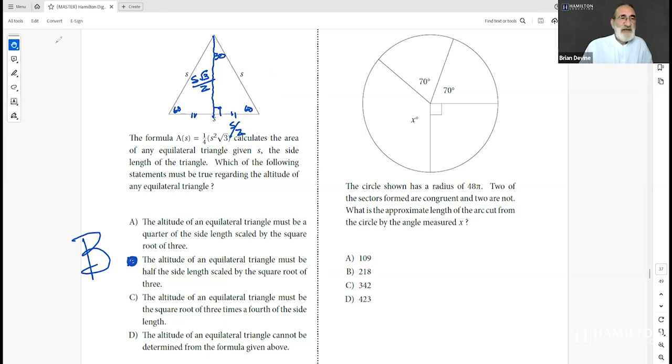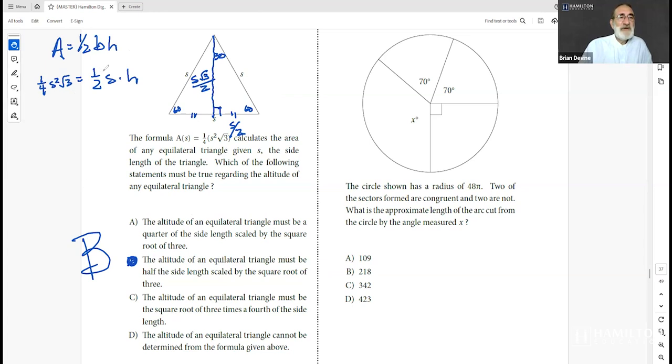Now, I also could have said this, that the area of a triangle is going to be 1/2 the base times the height. So 1/4 of s squared root 3 has to be 1/2 s times the height.